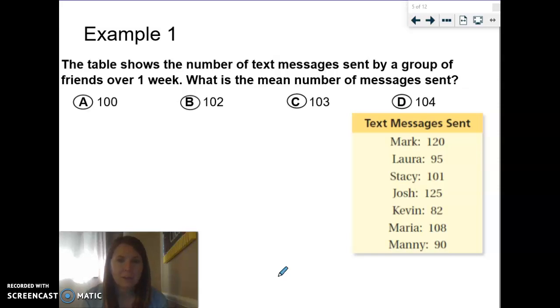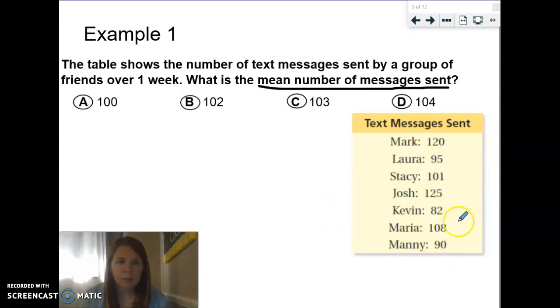But here's everyone who's in that group chat and how many messages in total each person sent over 1 week. What is the mean number of messages sent? So what I'm going to do is take a look at all these data points, okay? I've got Mark, Laura, Stacy, John, Kevin, Mariah, and Manny.